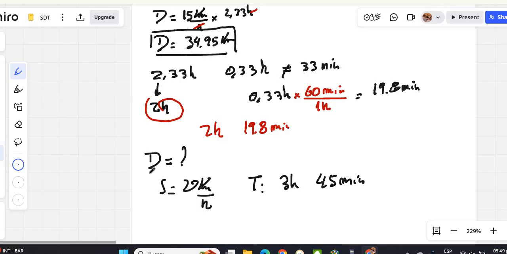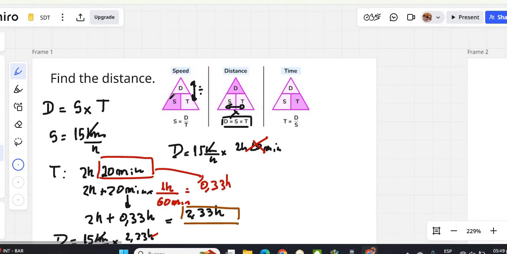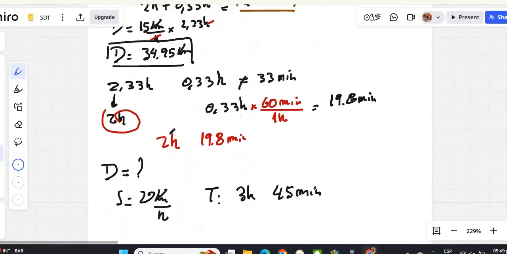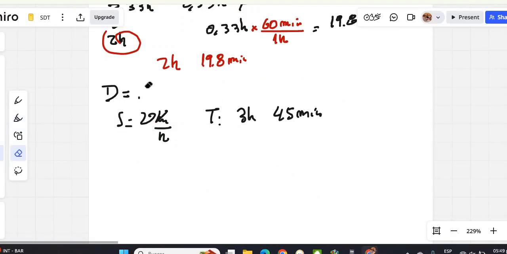Okay, find the distance. Again, remember this triangle, this relation between speed, distance, and time. You know that distance is speed multiplied by time. So distance is speed multiplied by time. And then you just convert the time to hours and multiply, and that's it.